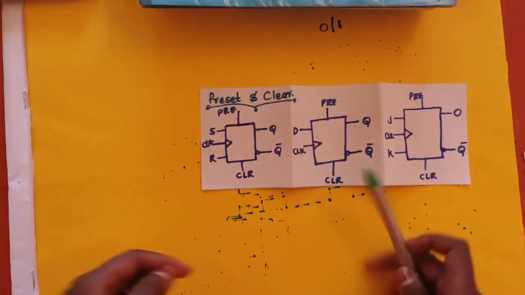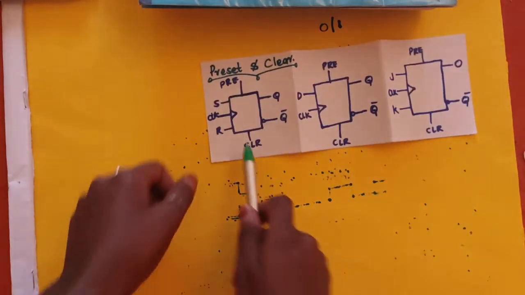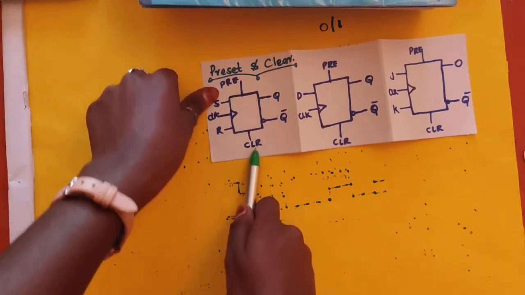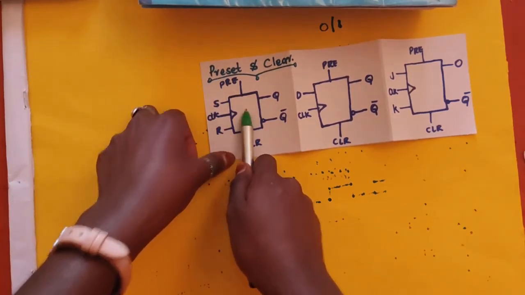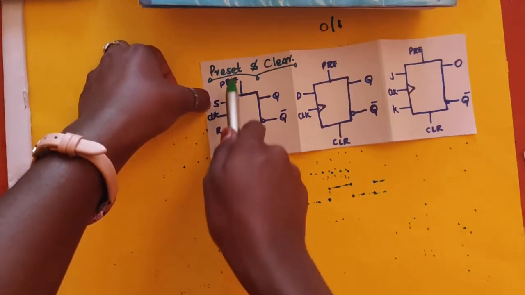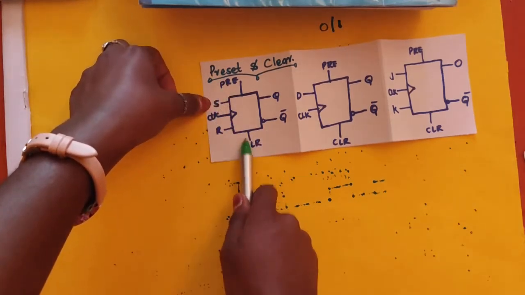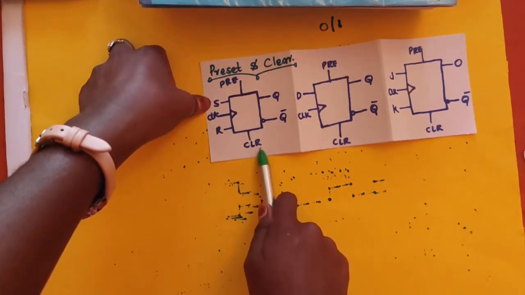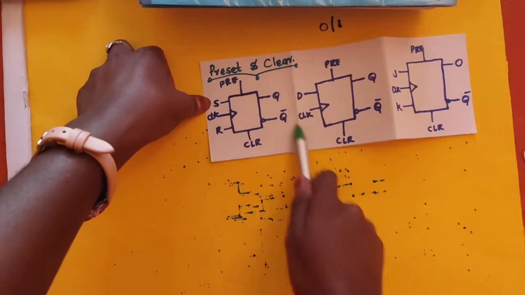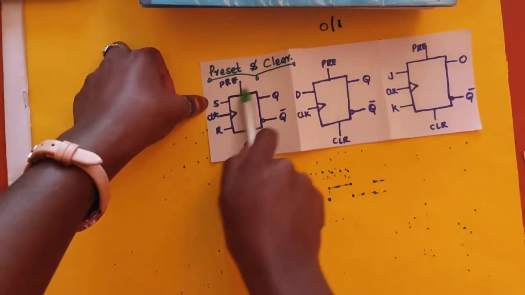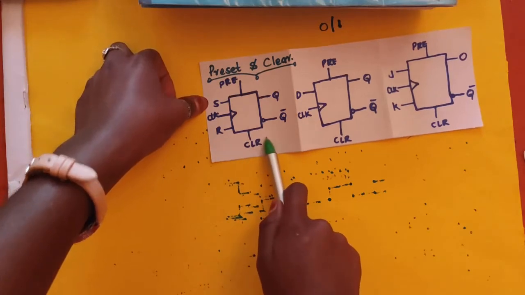Pre sets the flip-flop, clear resets it, regardless of the inputs and the clock signal. When you press this, you're setting. When you press this, you're resetting, regardless of these inputs. These are the synchronous inputs. This is the asynchronous input.